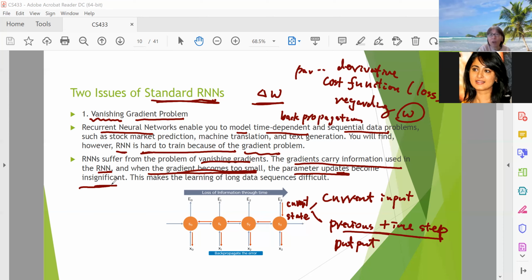So basically you will not have any updates for your weight. If you cannot have significant updates for your weight, then learning of long data sequences is going to be difficult. This problem we call the vanishing gradient problem.